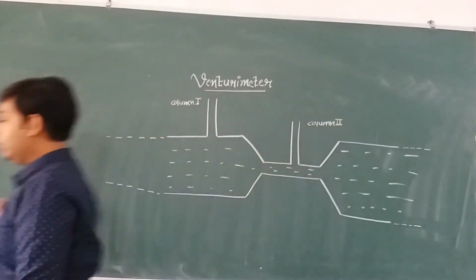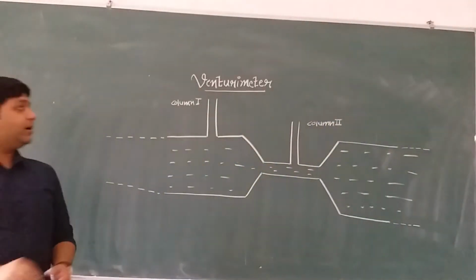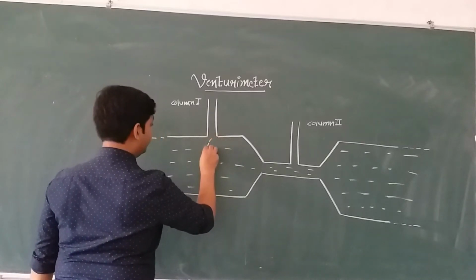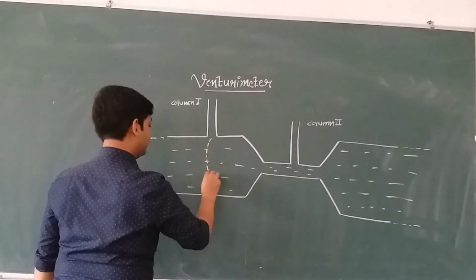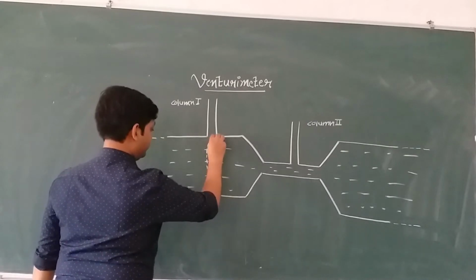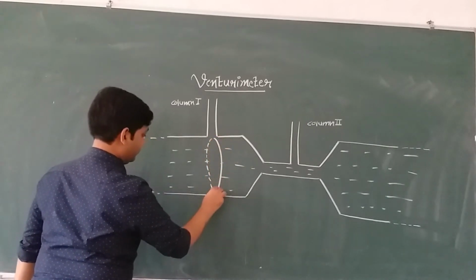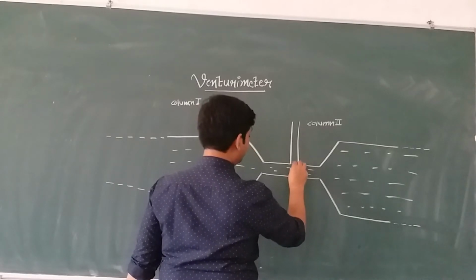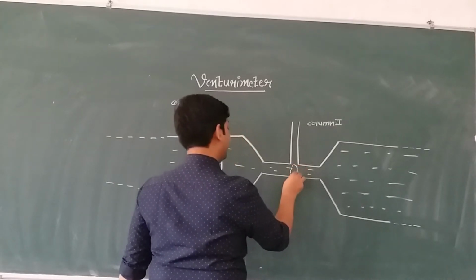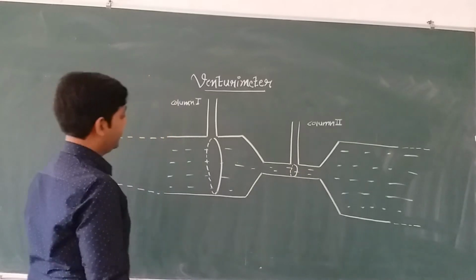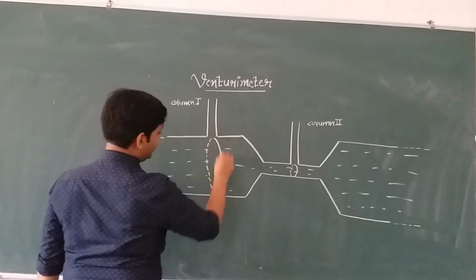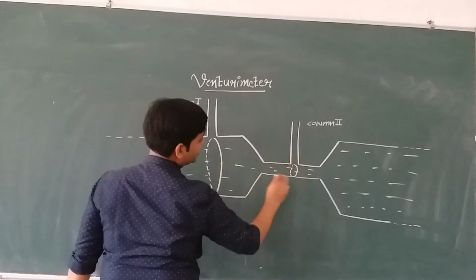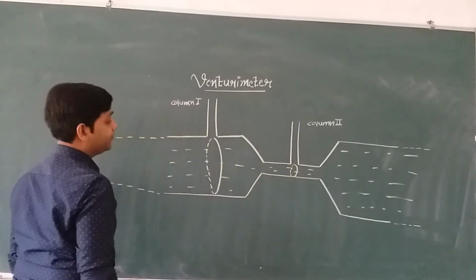Fine. Now we consider a cross-sectional area right below this column 1, and similarly we consider one cross-sectional area right below column 2. Let's say this section is called the main section and this section is called the throat section.